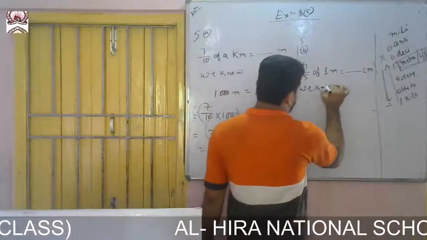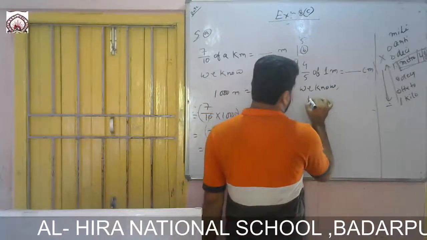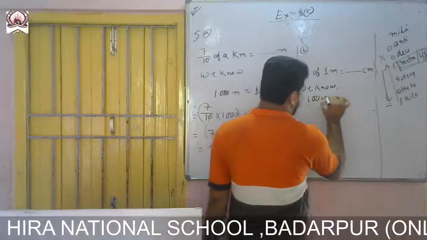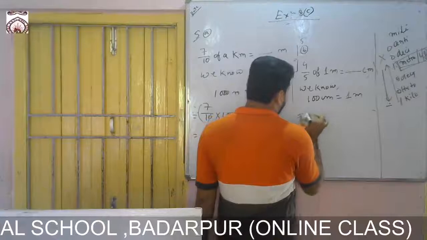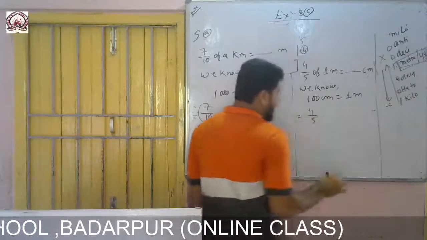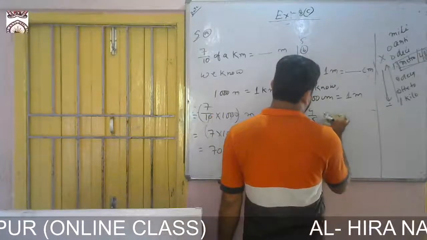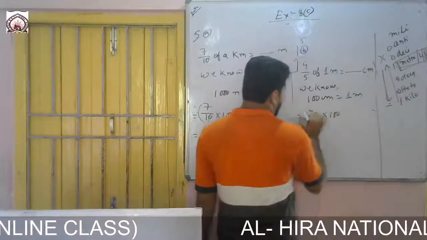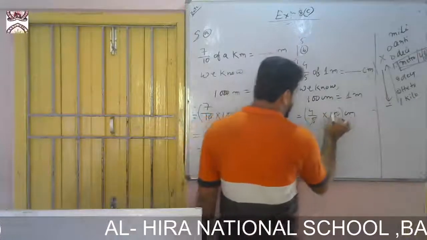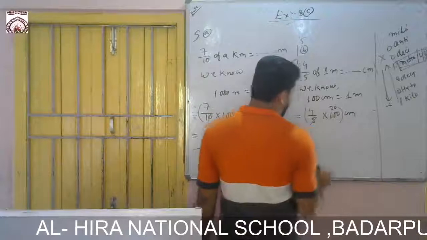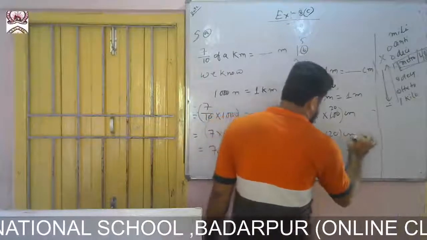We know 100 centimeter equals to 1 meter. Therefore 4 by 5 into 100, it will convert into centimeter. 5 20s are 100, so 4 into 20, it is centimeter.